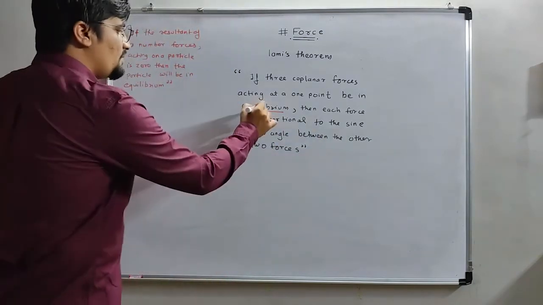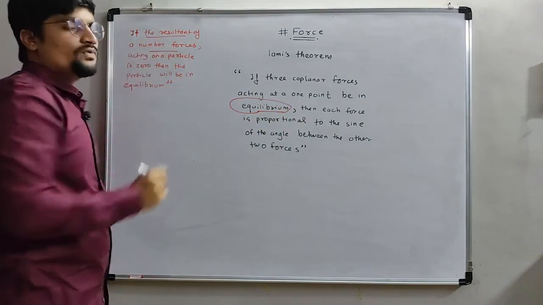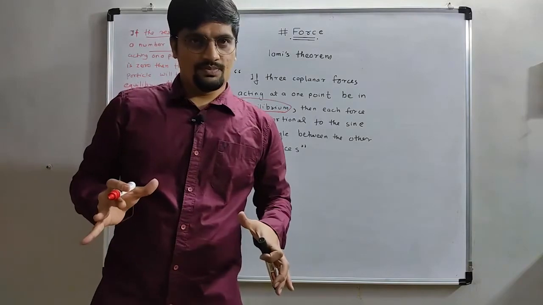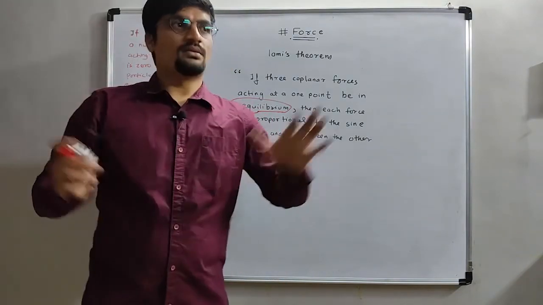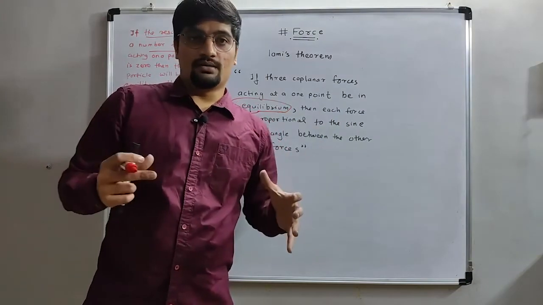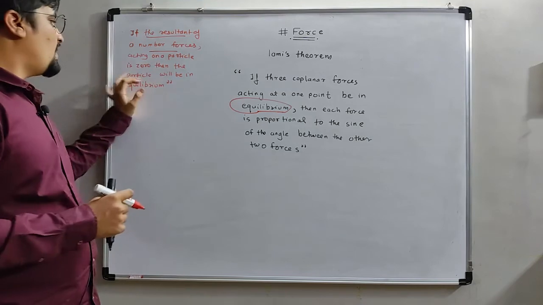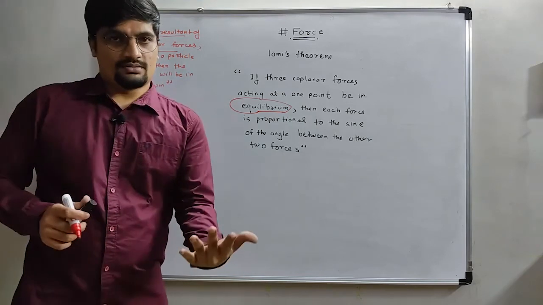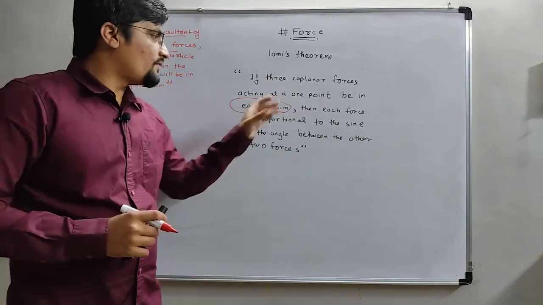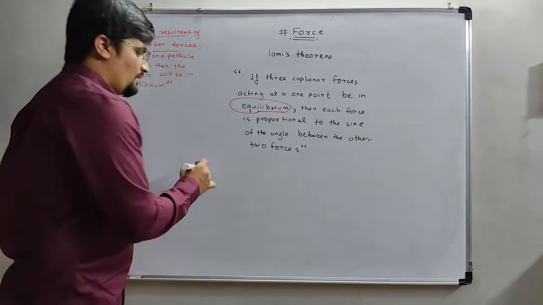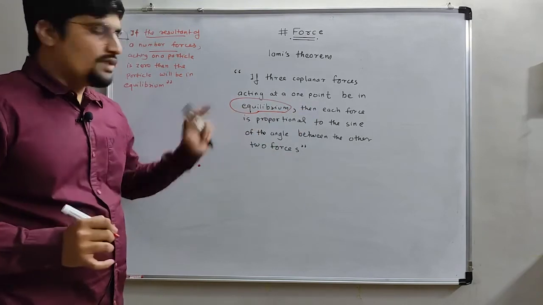Now, equilibrium means if the resultant of a number of forces acting on a particle, that is, a number of forces are acting on a particle but their summation is 0, then the particle will be in equilibrium. So if three coplanar forces are acting at one point, let's consider this is one point, in equilibrium.